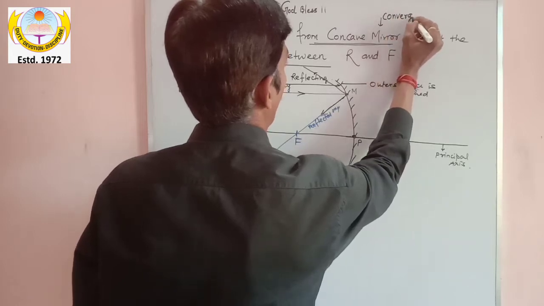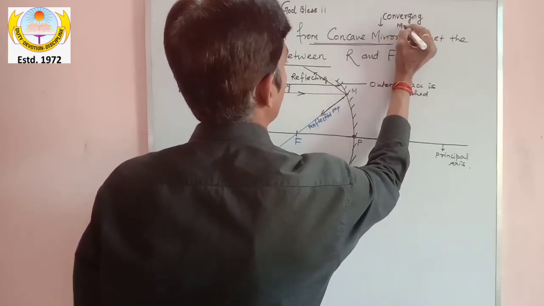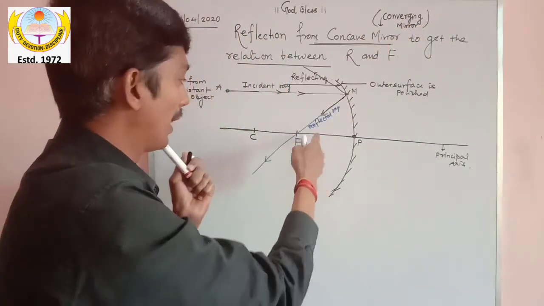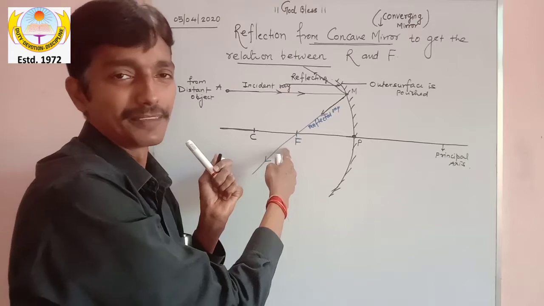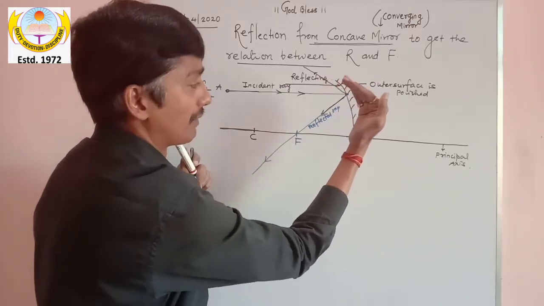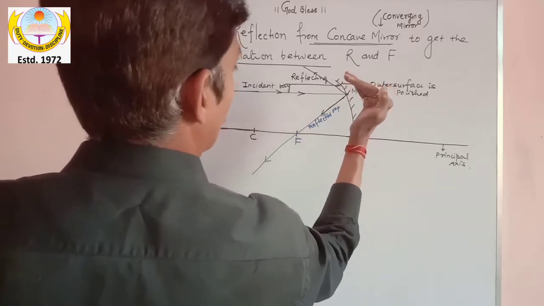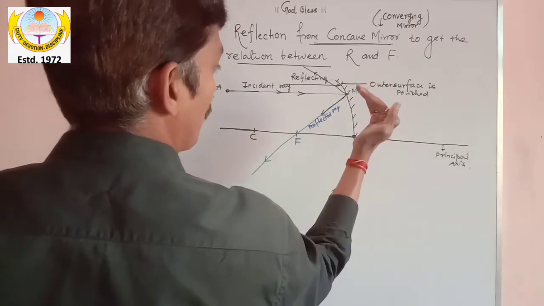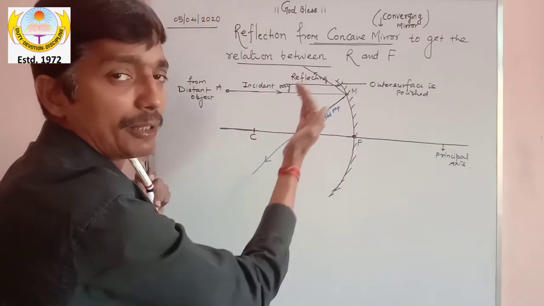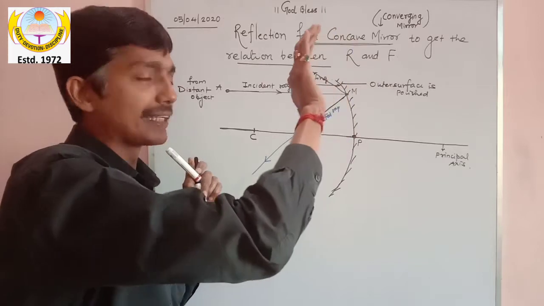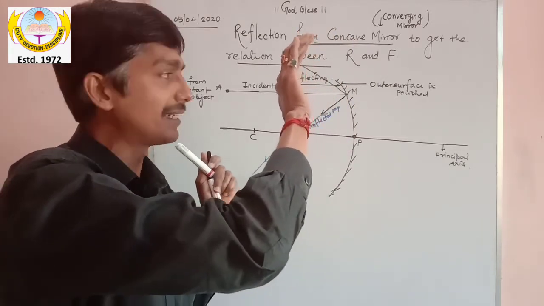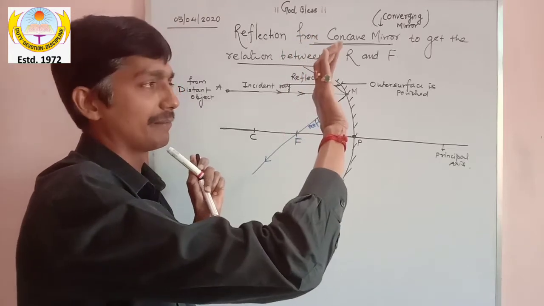I am writing here for your knowledge. So if it converges, where is the focus? The focus is here for a concave mirror, because the face of the mirror is like this. I told you all that if the face is like this, the focus will be on this side. The center of curvature will be on this side. But if the face of the mirror is like this, like convex, when I upload that video, you see that. When it is convex, it looks this way.